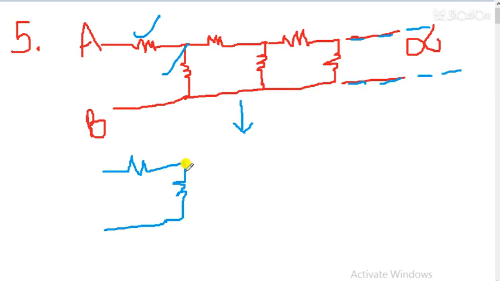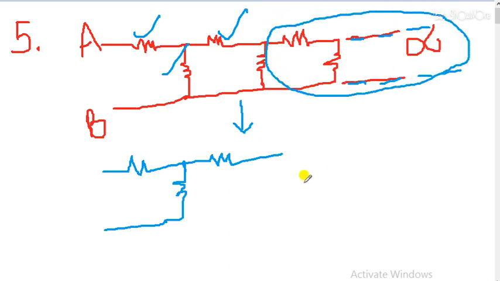I hope it is clear. Then we take the third resistance, this one, and after this all the resistances we will take as resistance R, where R is the equivalent resistance.